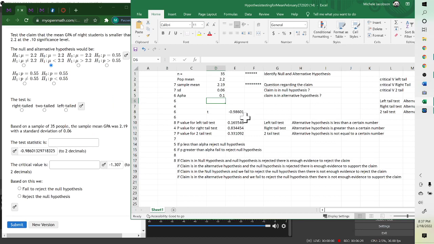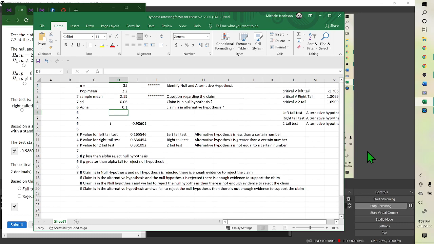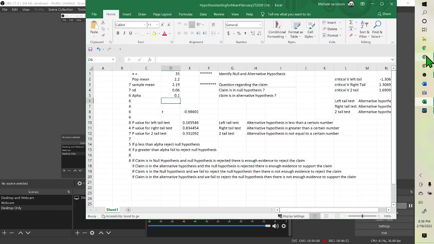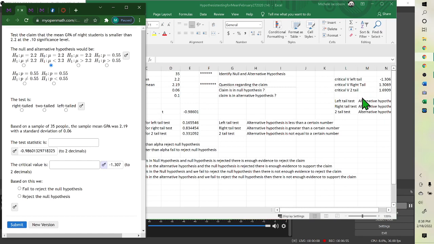Your t-values are right here. Your critical values, those are to the right. The p-values are to the right. So they're over here.